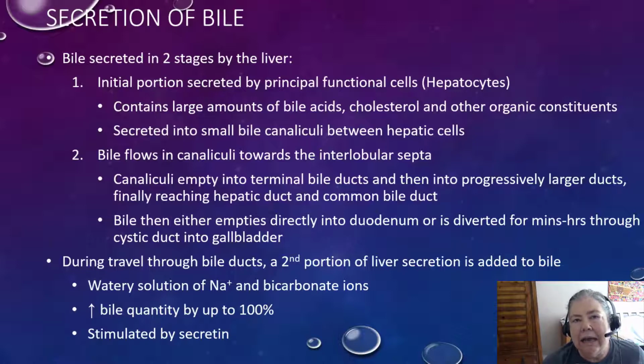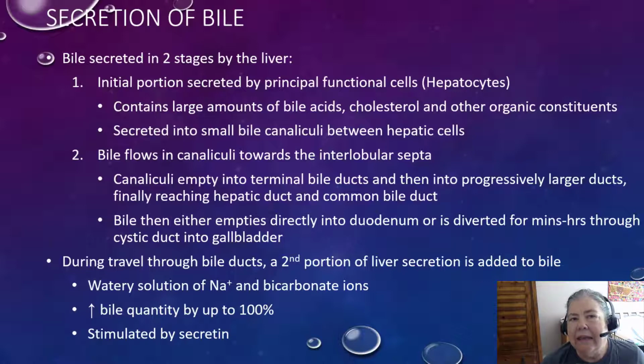The canaliculi flow towards septa between the lobes, emptying into bile ducts and then into bigger and bigger bile ducts, finally reaching the hepatic duct, which is the main bile duct in the liver, and the common bile duct. Then bile can be diverted and stored in the gallbladder through the cystic duct, or it empties directly along with pancreatic secretions into the duodenum. The storage in the gallbladder can be minutes to hours.